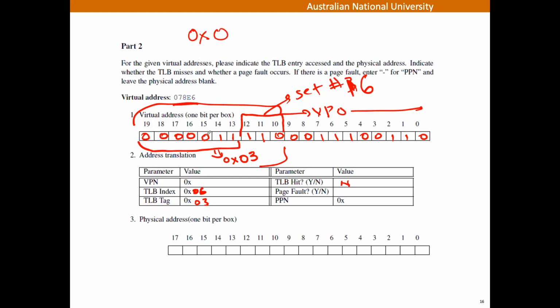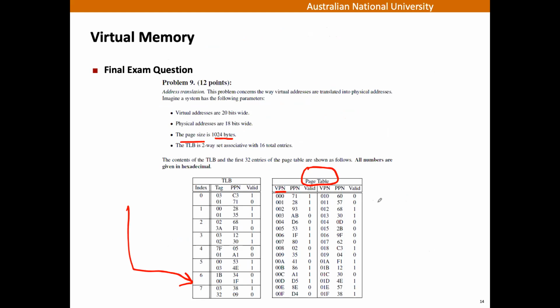So what is it? It's 1E, right? So let's go to the page table with 1E. Where is 1E?